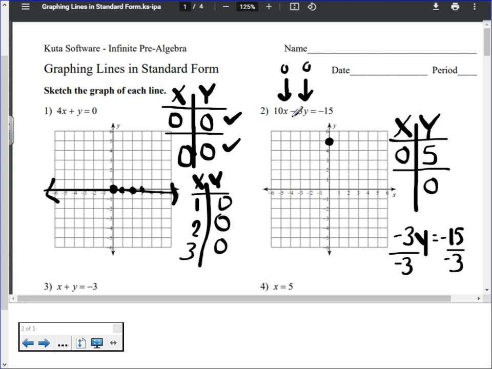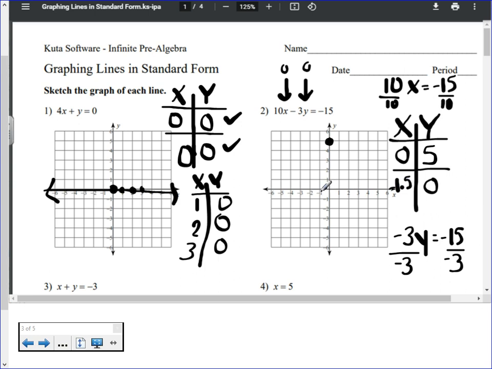When you make y 0, this negative 3y goes away. It disappears. So we would be left with 10x equals negative 15. What do I need to divide by? And what's negative 15 divided by 10? Negative 1.5. So let's graph this point. You put your pencil at 0, 0.